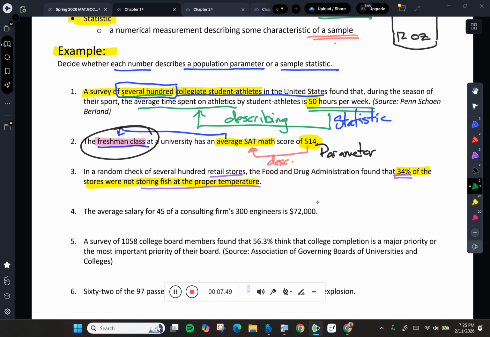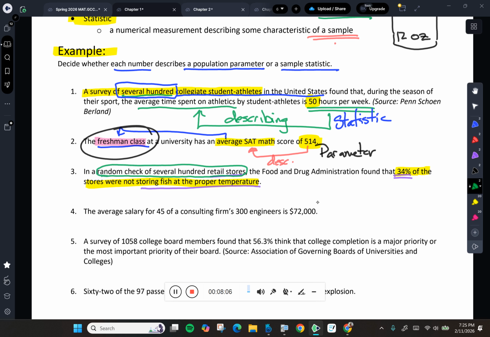Well, it was a random check of several hundred stores. Is that all the stores or is that some of the stores? I'm hearing that that's some of the stores, not all of the stores. So that's a sample.